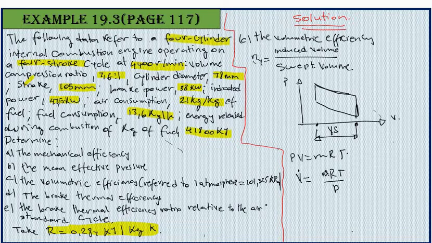Now how do we determine the mass rate of air? The air fuel ratio is given by the mass rate of air divided by the mass rate of fuel. We can use the mass rate or the mass, depending on what is given.